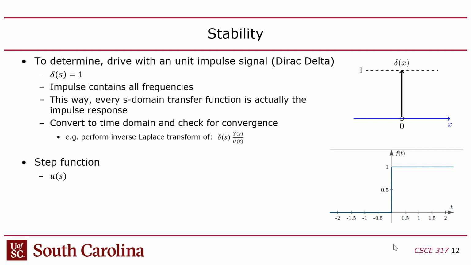Well, the step function and the impulse are an instantaneous change in input. To construct either an impulse or a step by adding sinusoids together, it would take an infinite number of sinusoids. So really what you're asking when you do an impulse or step is how the system responds to every frequency.